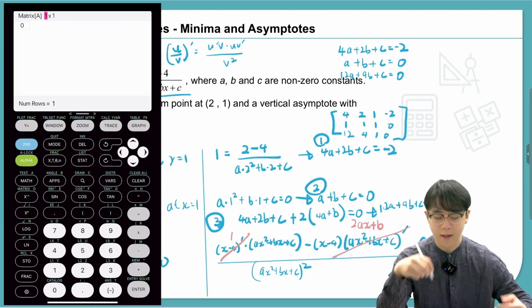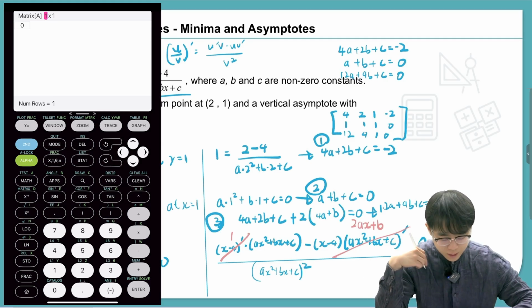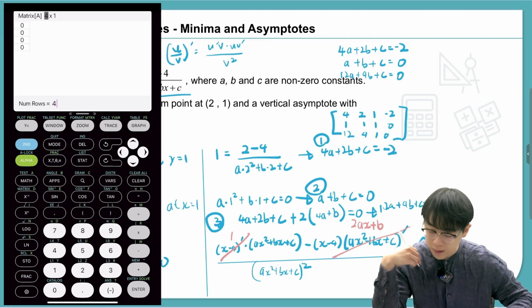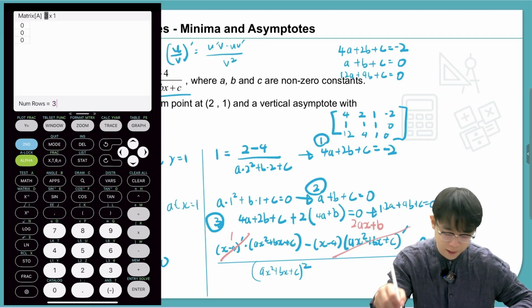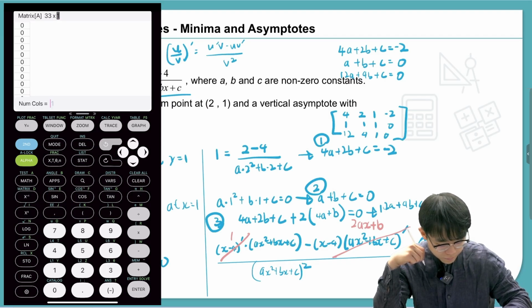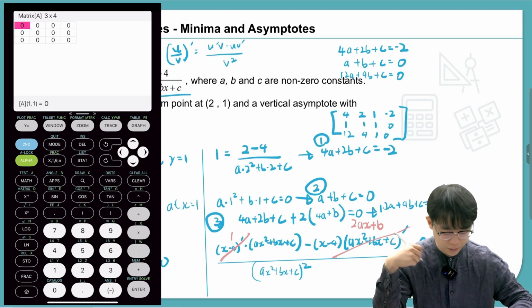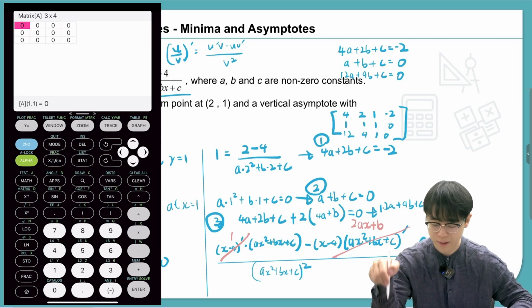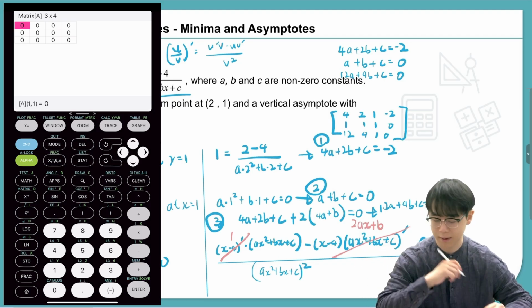So if you were to take the RREF of this, the reduced row echelon form of this, that should give us the right values of a, b, and c. Okay, so let's put that here. So we have a 3 by 4 matrix in which the entries are 4, 2, 1, minus 2, 1, 1, 1, 0, and 12, 4, 1, 0. So let's put that in.